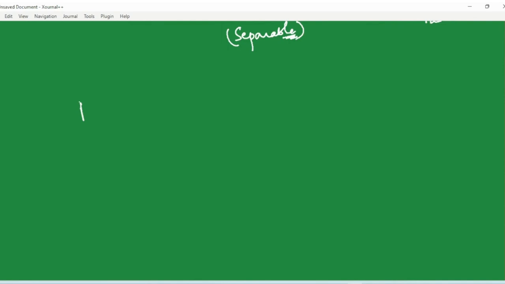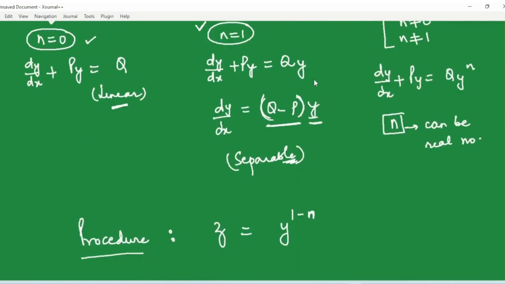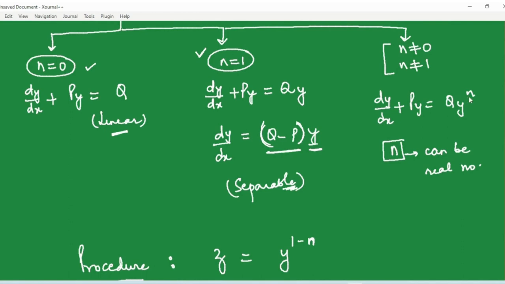So the procedure for solving such differential equations is the introduction of a new dependent variable. We are going to introduce a new variable, let's say z, which is going to be y to the power 1 minus the power on the right hand side, which in the format is n.